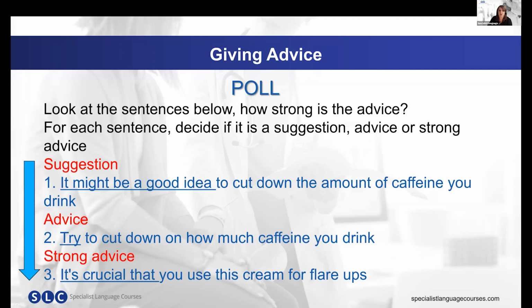So we've got strong advice here. It's crucial that. However, as many of you identified, sometimes knowing the difference between suggestions and advice is a little bit tricky. But just notice the language and the verbs we've got here. So might suggest that it's less strong in terms of advice.